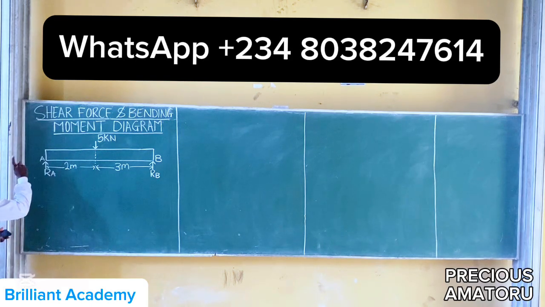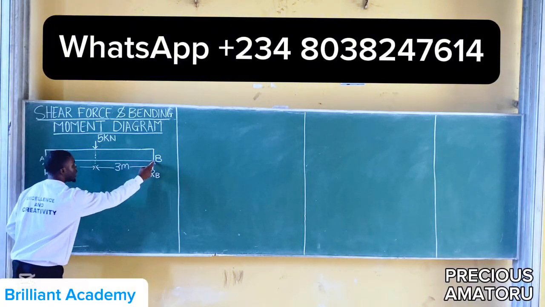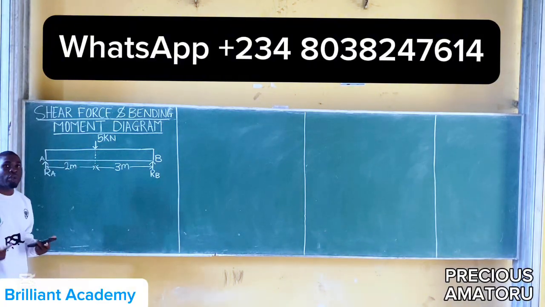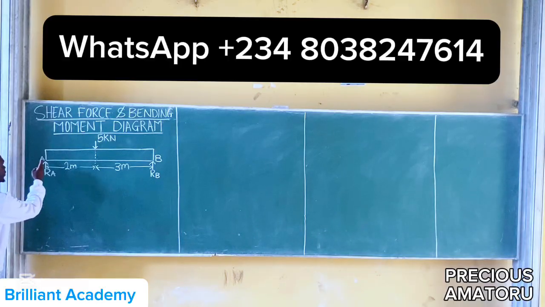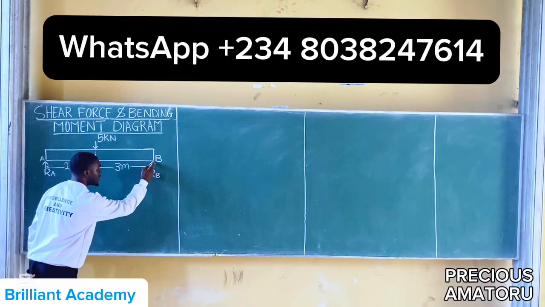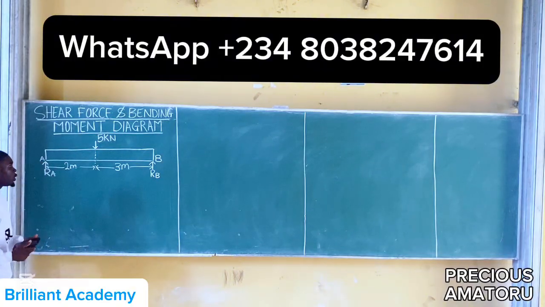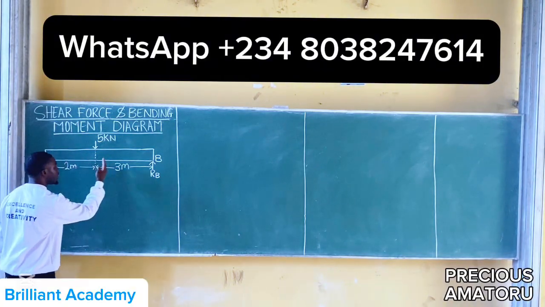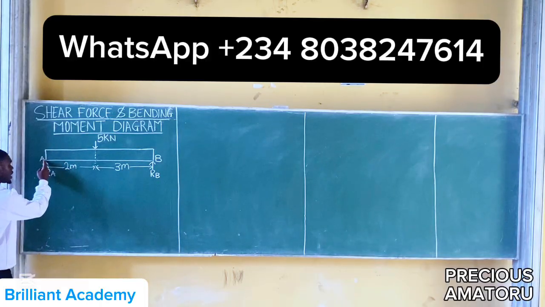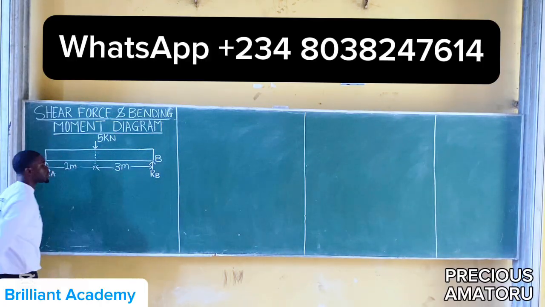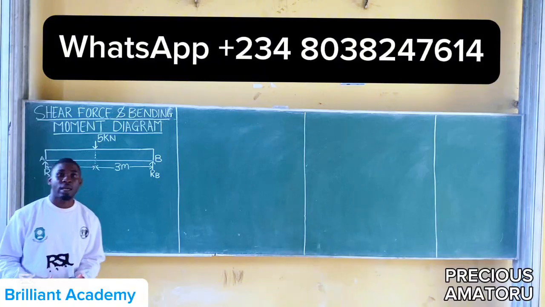So the critical points we have here are the very beginning here, and this point and this point. So your task will be to calculate for the shear force here, the shear force here, and the shear force here. And the next thing you have to do is to calculate for the moment at every single point, which is here, and here. So how do we do this calculation?